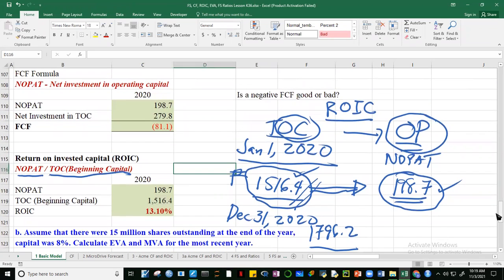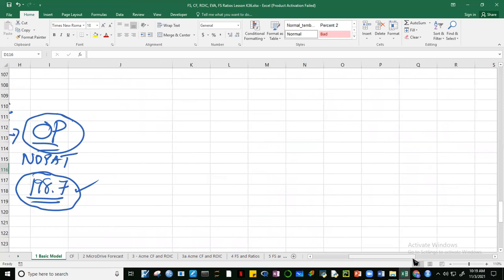Question: did management create value or destroy value for the company? Was value created or value destroyed? There are only two options, guys: either creation of value or destruction of value.